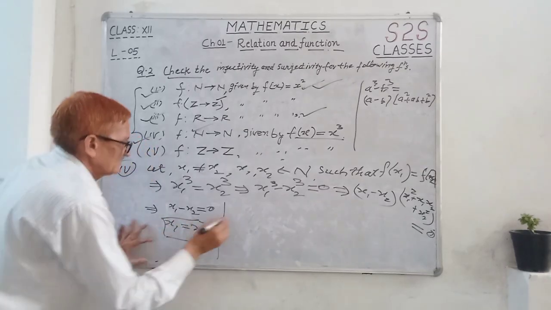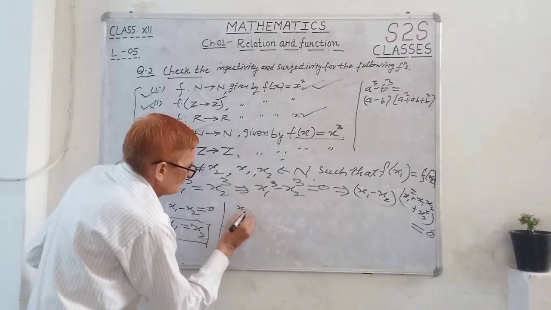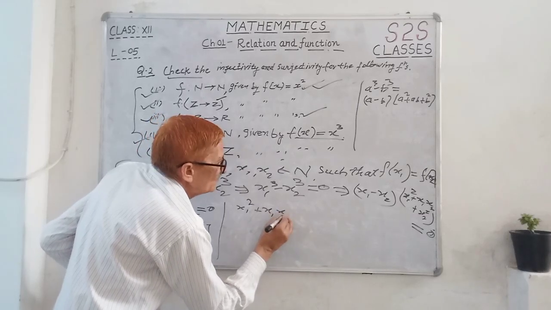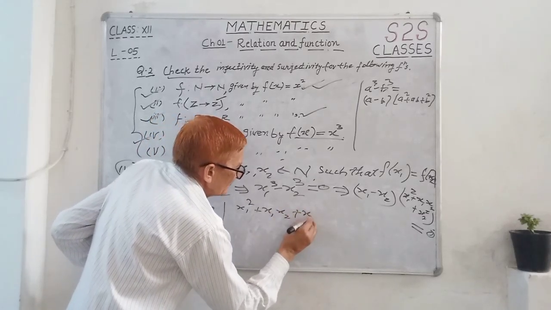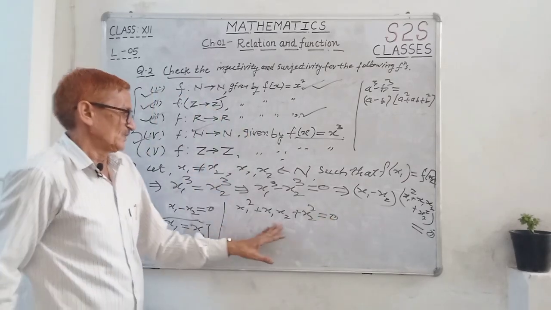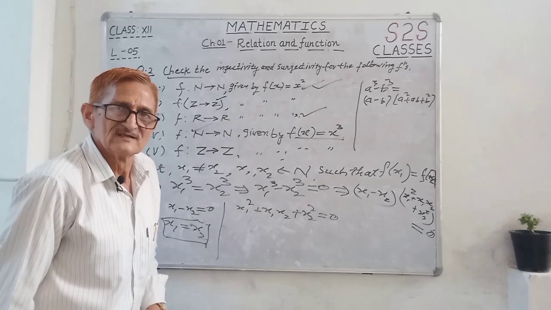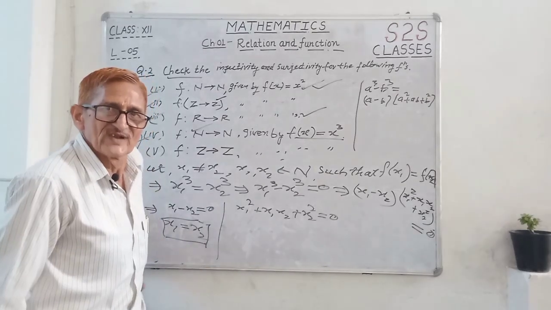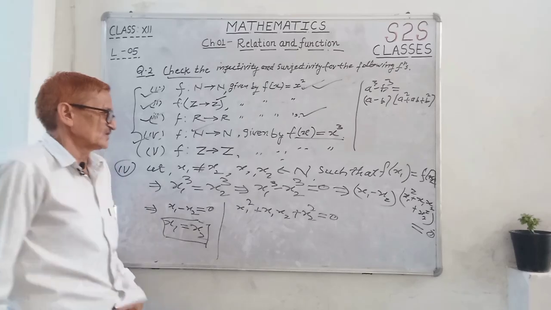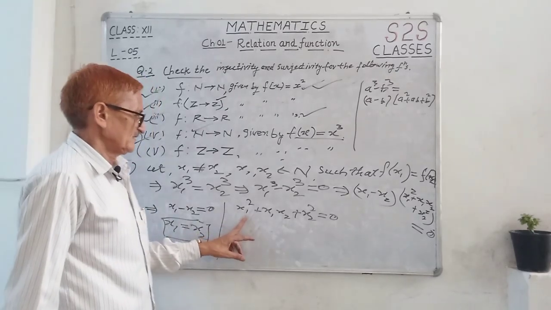Yes, we have to check the second factor's applicability. x1 square plus x1 x2 plus x2 square is equal to 0. Is it possible? We have to check, for two different x1, x2 belonging to natural numbers, is it possible or not?